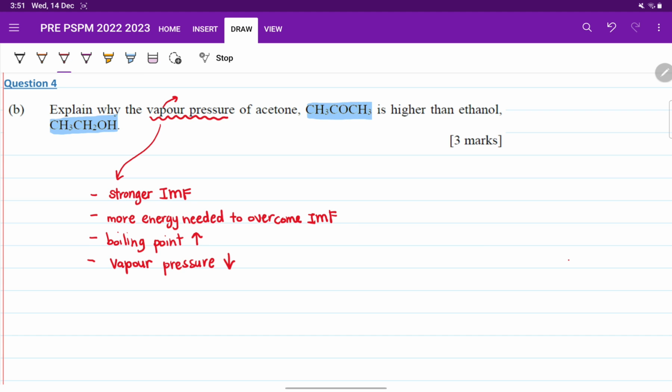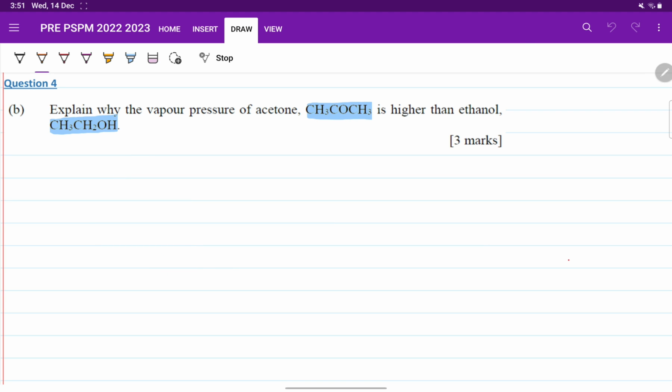Setiap kali awak dapat molekul, the first thing that you need to do is, okay, tentukan what is the type of intermolecular forces for that particular compound. So, to determine the intermolecular forces, what question you should ask yourself? Okay, apa yang awak kena tanya diri awak adalah, first, adakah molekul tersebut mempunyai hydrogen bond?